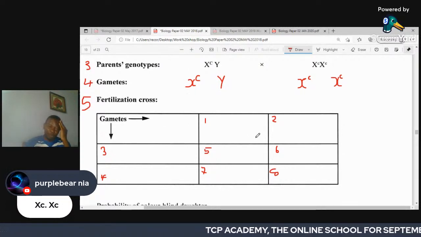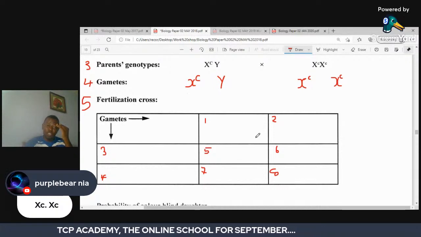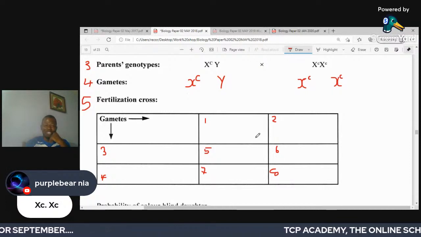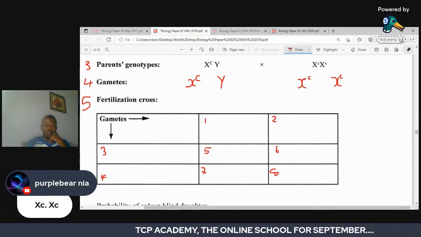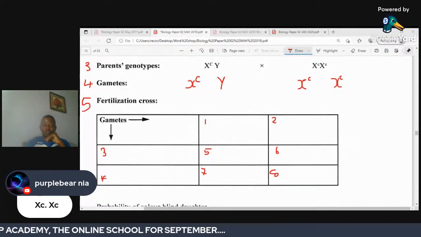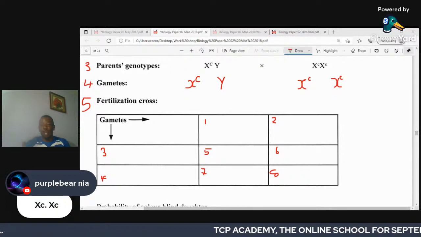Tell me what you are going to put in 1, 2, 3, and 4. I want all of that in one message. Put what you're going to put in 1, 2, 3, and 4 in one comment. I don't want 2 or 3 messages for 1, 2, 3, and 4.